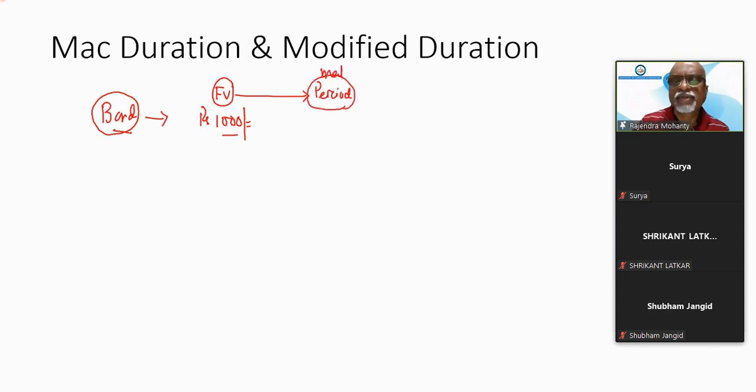So there is a maturity for this bond. Say the bond is issued for a period of say 5 years. And definitely there is a rate of interest paid. Say the rate of interest paid by the issuer to you is 4%. This rate is called the coupon rate. This is not called the interest rate.